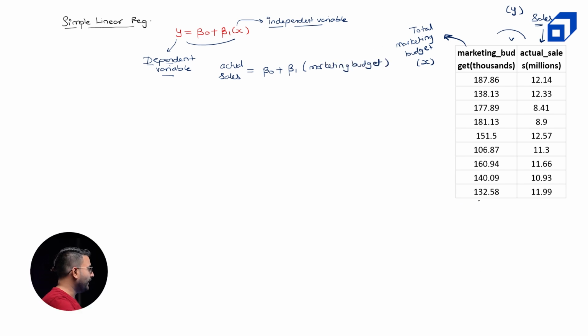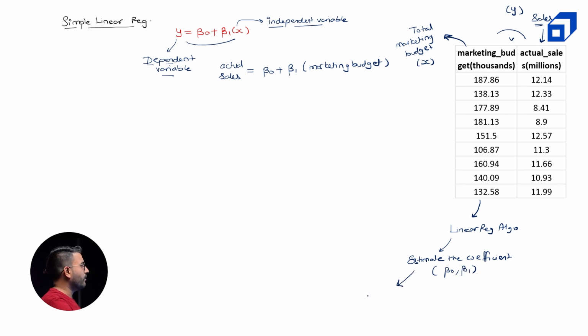Now when I provide this data to the linear regression algorithm, it will basically try to estimate the coefficients. So essentially, we will get beta naught and beta 1. Now once we have beta naught and beta 1, we can basically create the model or basically the expression. And once we have the expression, we can make predictions out of it.